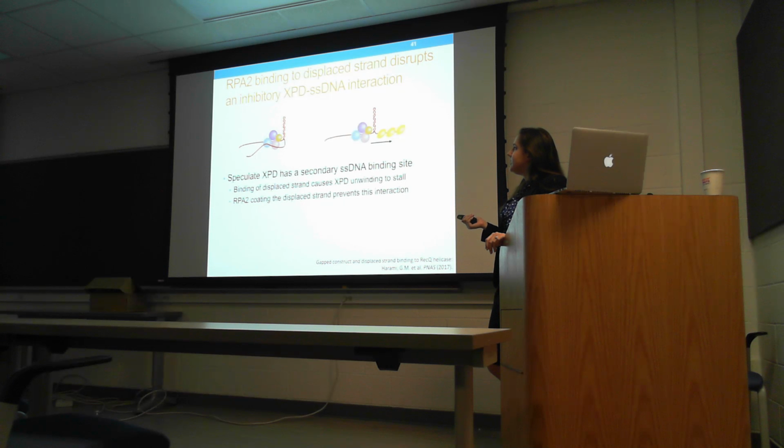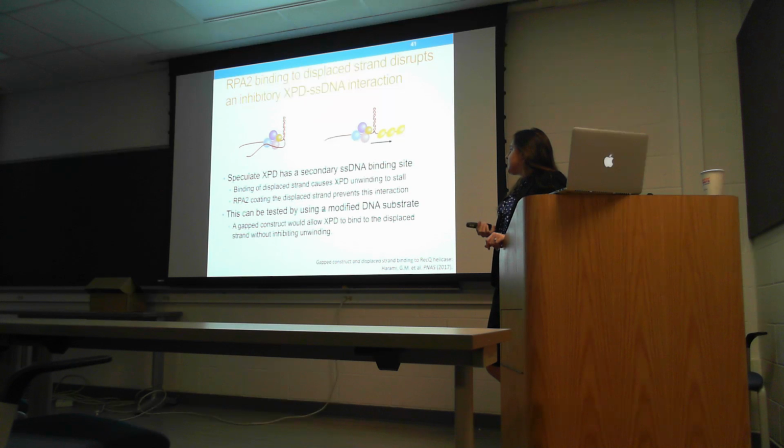So this idea is that this secondary strand, or displaced strand as it's called, binds to XPD, and in our experiments, maybe that binding could be hindering XPD's forward progress, since we're applying force, and if it's a strong enough bond, that would pull XPD back. RPA2 is a single-stranded DNA binding protein, so if RPA binds to this displaced strand, it would prevent it from binding to XPD.